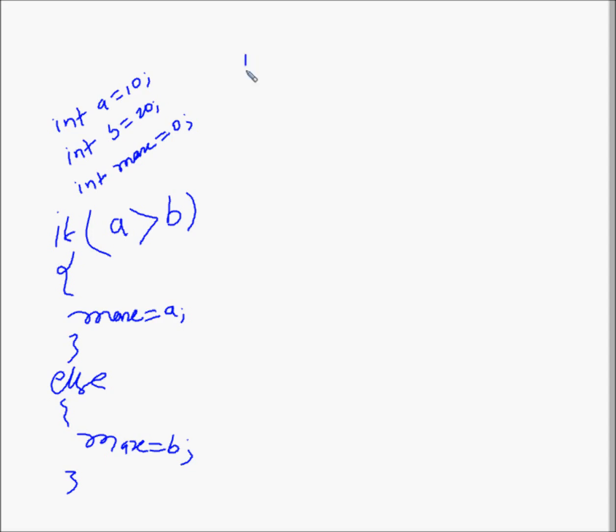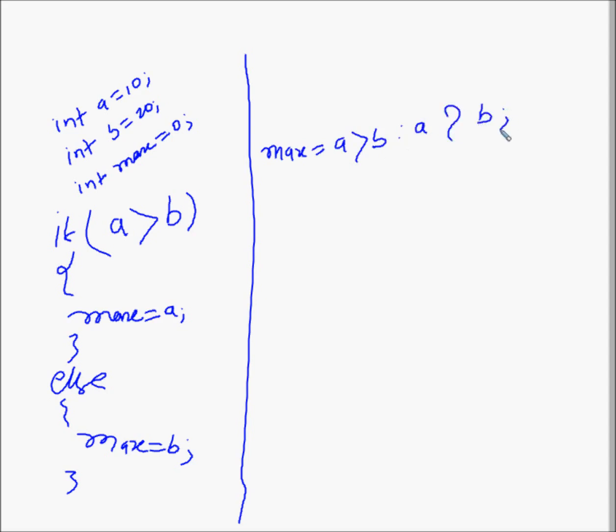The same thing we can write in just one line. What is that? So simply we can say here max equal to, if a greater than b, then a else b. So if this condition is true, then this value will come to max.